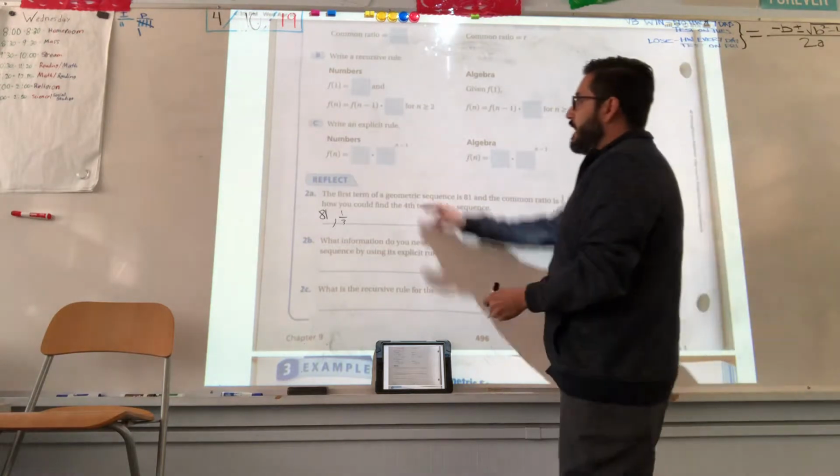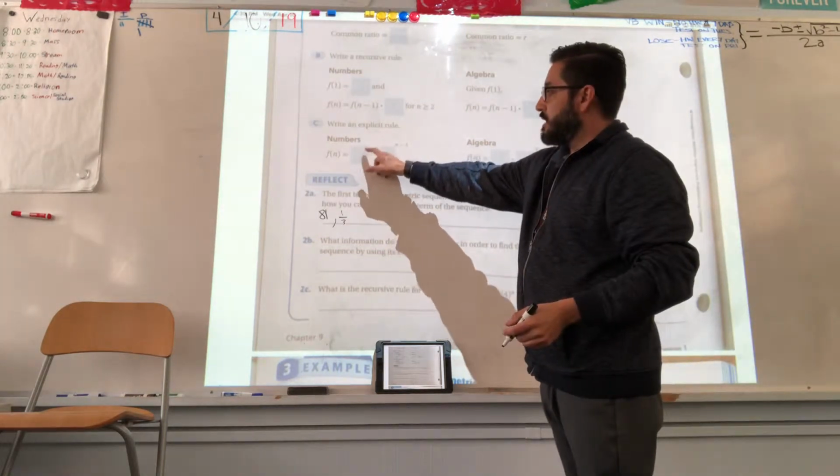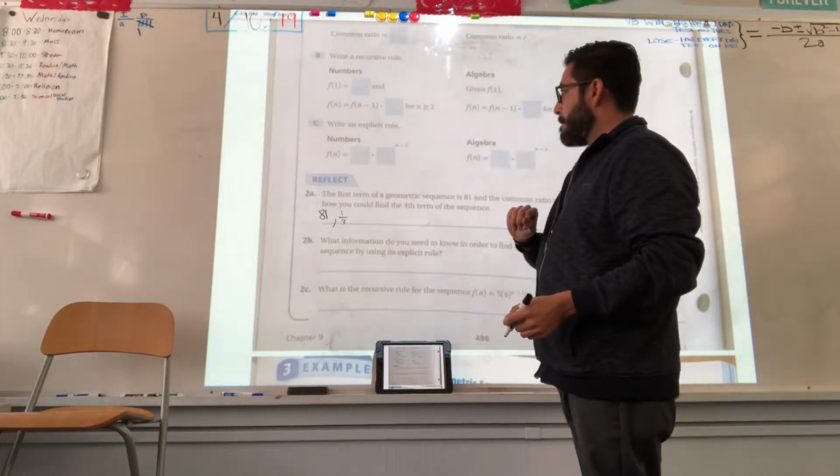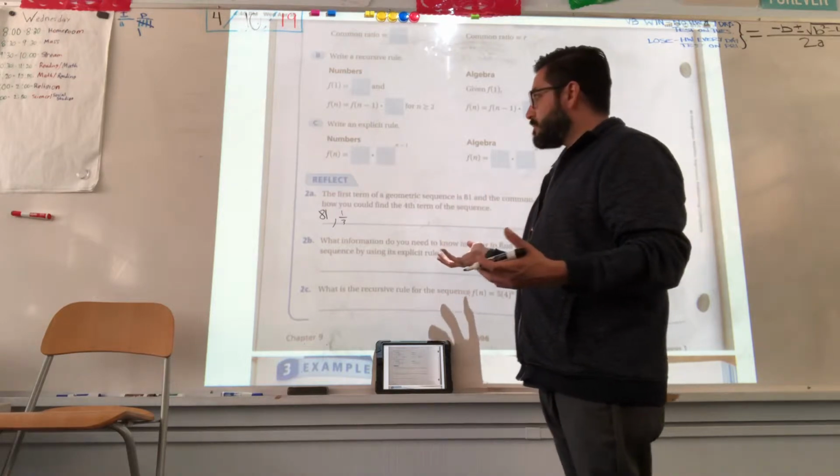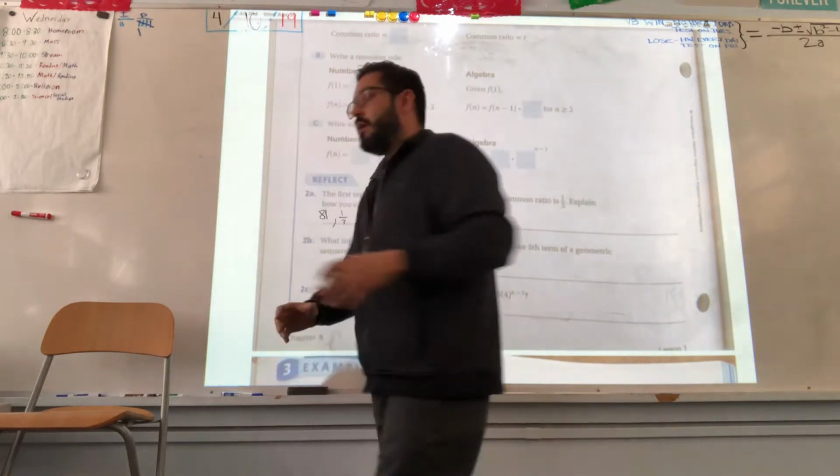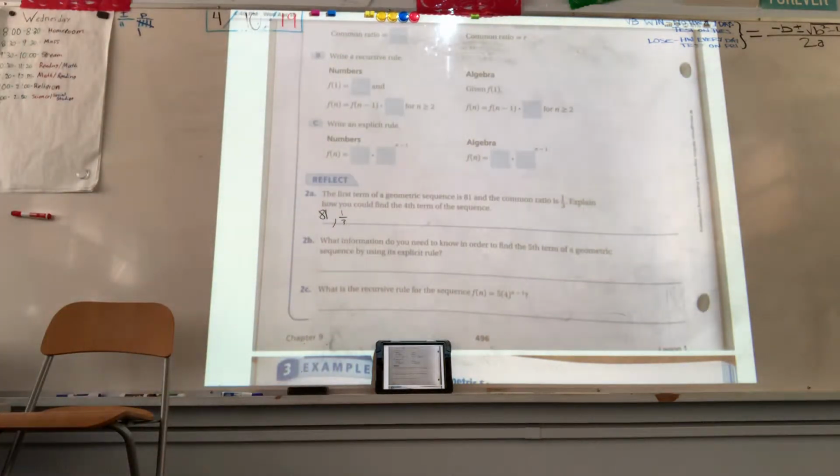Well, if we used something like this, all we would need to do is write out our explicit rule, and then that's going to give us the answer for that sequence, right? So we're going to evaluate the explicit rule.